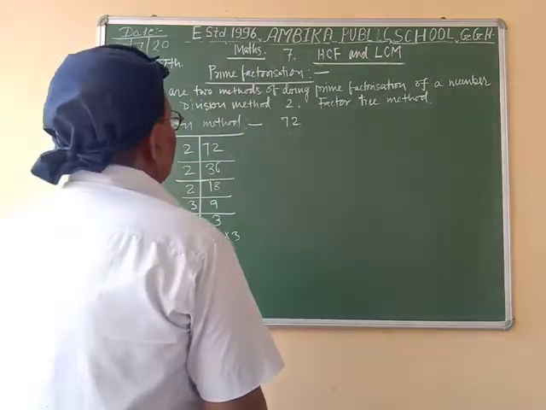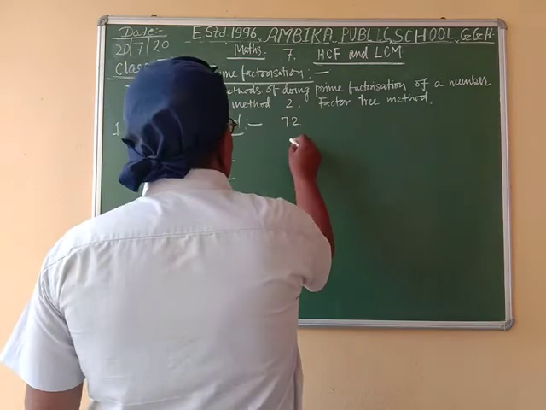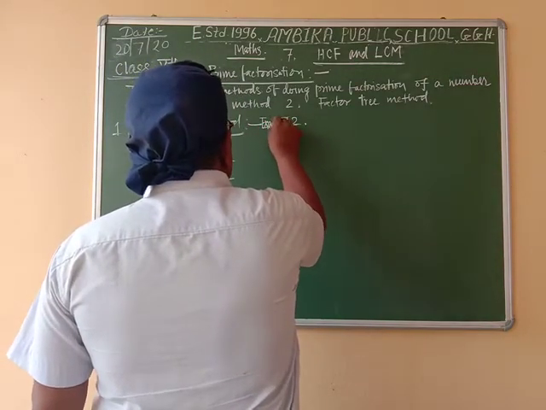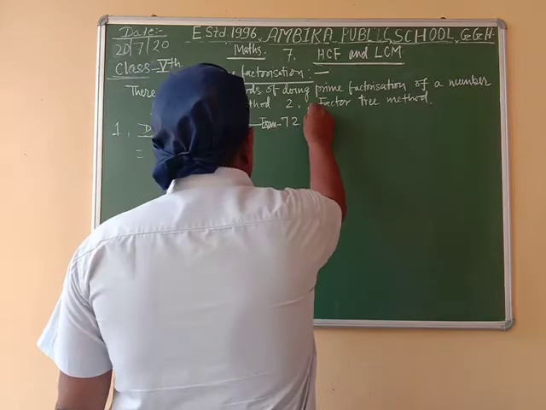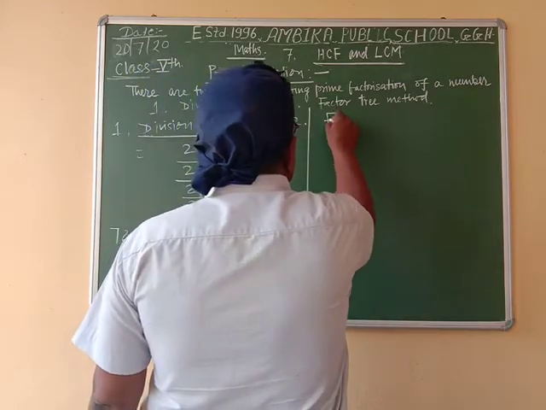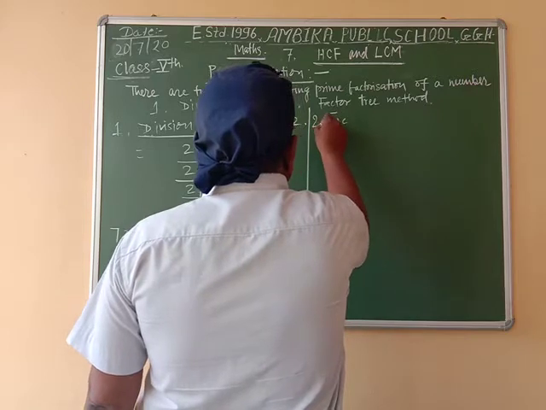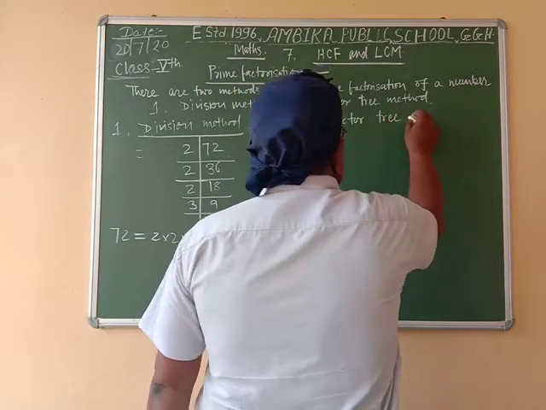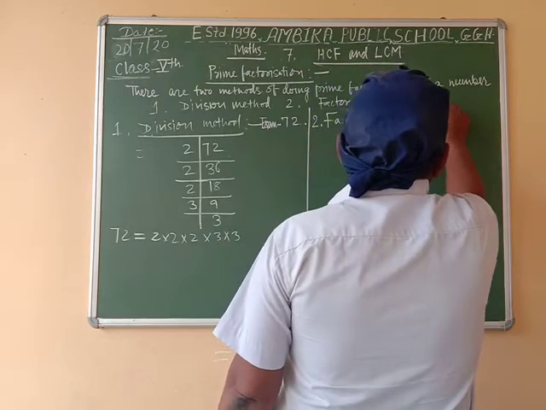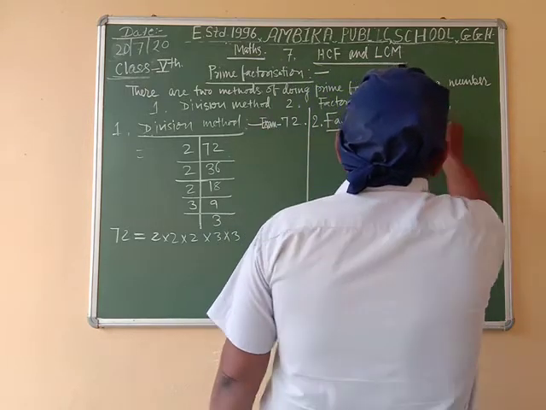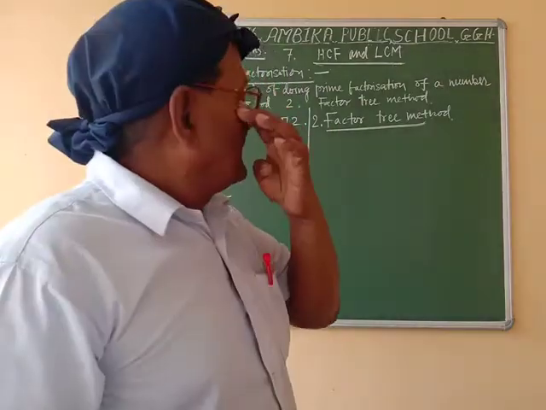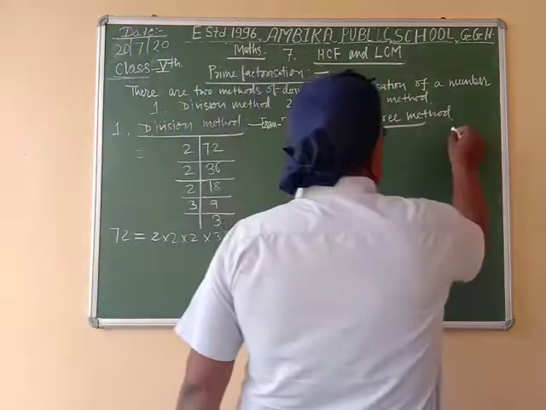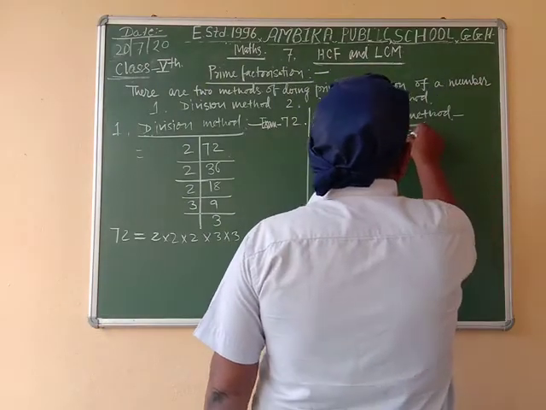Now, factor tree method. By factor tree method, finding prime factorization, we write for example 90.